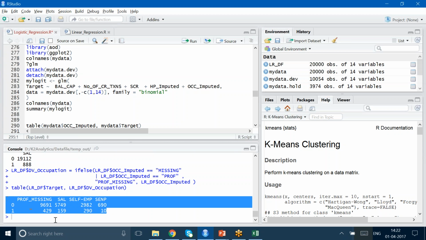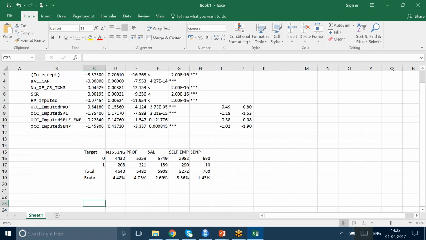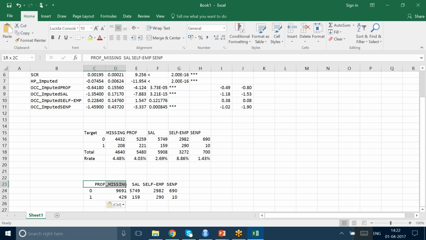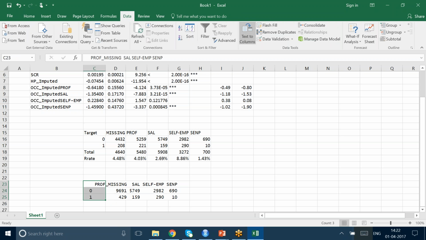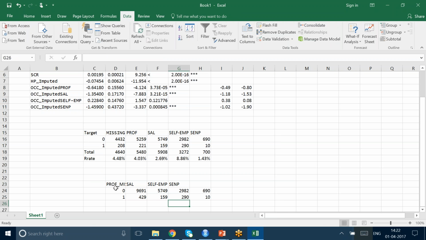So here the two categories, which are professional and missing, are now combined. How many observations were there? Zeros 9691, and this one is 2028 and 2429. Yeah, so this is what we have done.